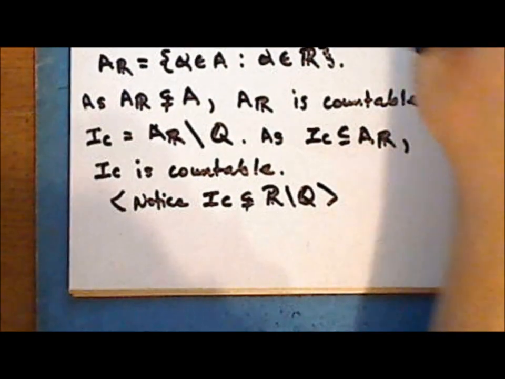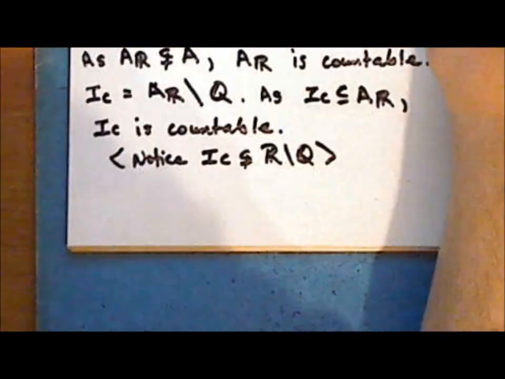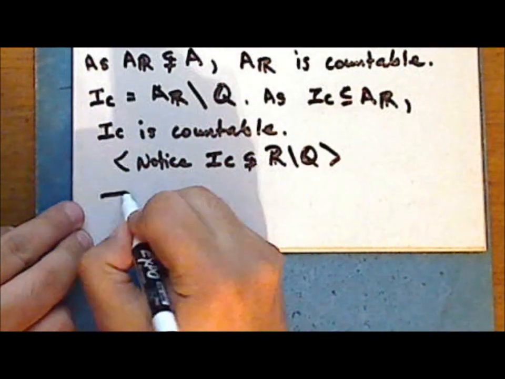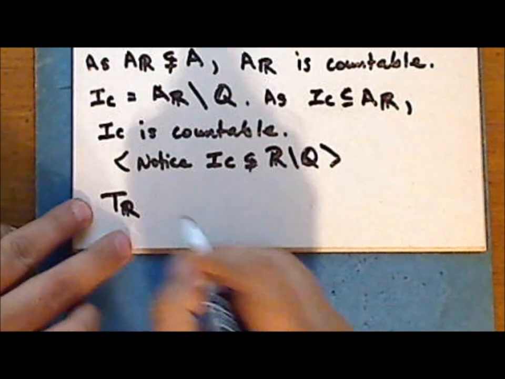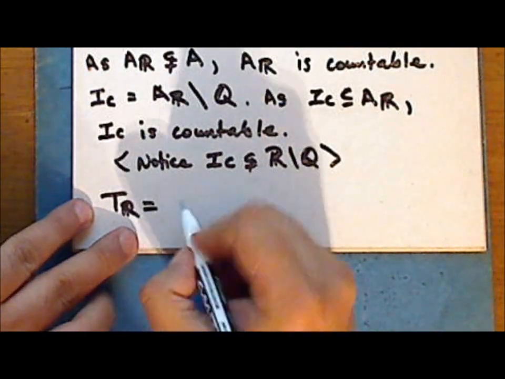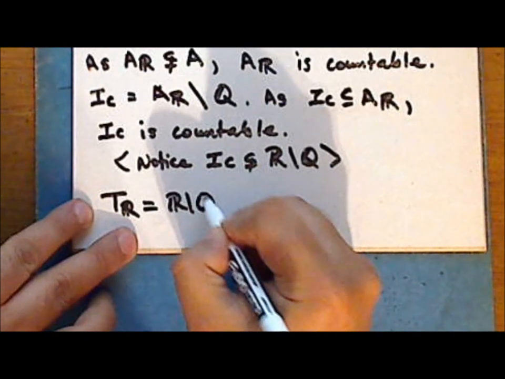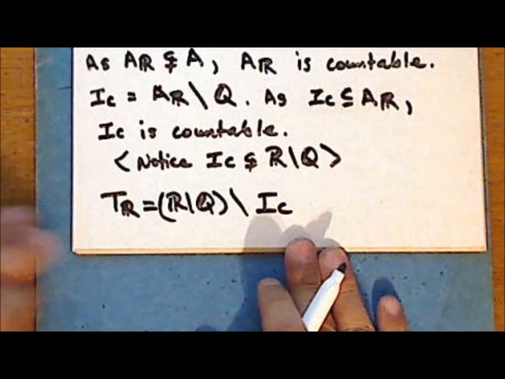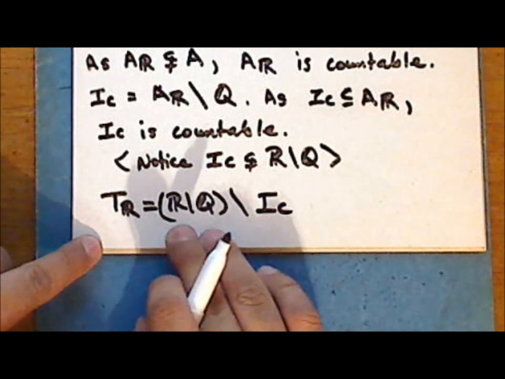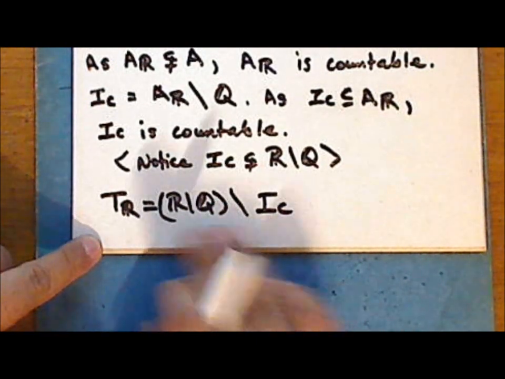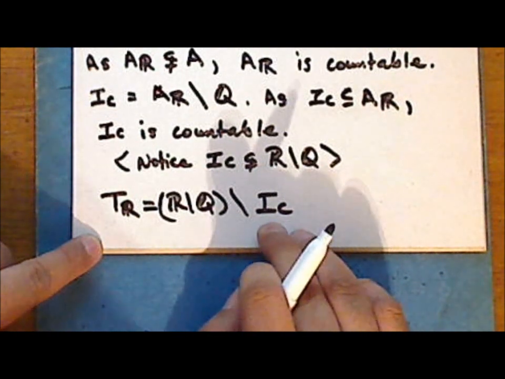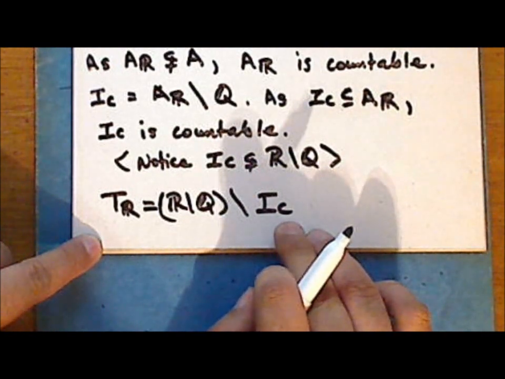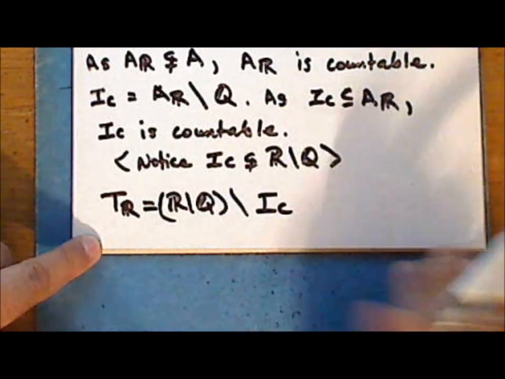Okay, so we've defined a few sets, so now we're ready to explicitly state what the transcendental real numbers are. And so the transcendental real numbers must be those irrational numbers that are not algebraic. Because we're taking the entire set of irrational numbers and we're deleting those irrational numbers that are algebraic, which again happens to be a countable subset of the irrational numbers.